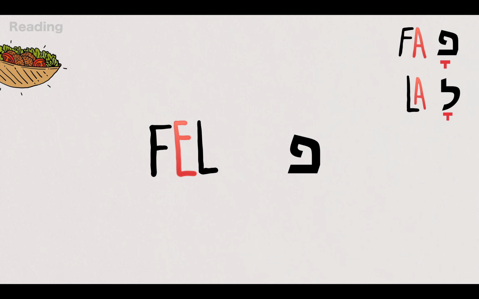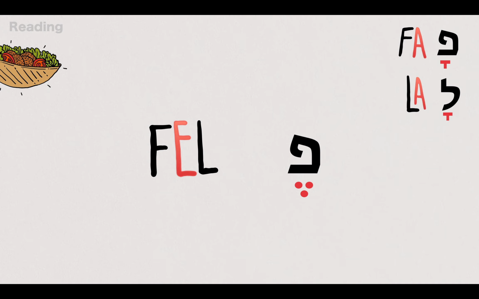And now I want my final syllable, fel. I'm going to use the exact letter from before, f, and now I'm going to add the vowel e. This is the vowel e. So I've just created fe. And now I need the consonant l without any vowel.